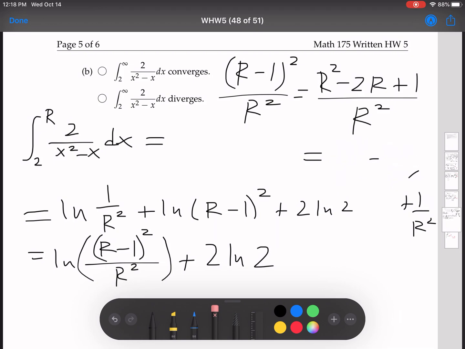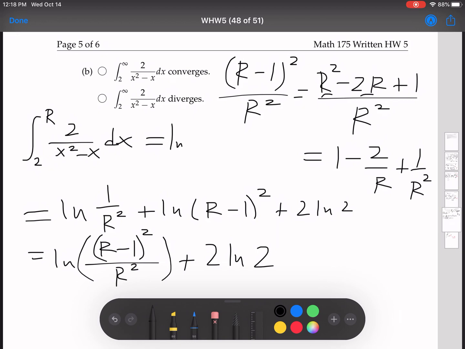Basically what I'm saying here is that you can divide this into each of these terms to get 1 minus 2 over r plus 1 over r squared.